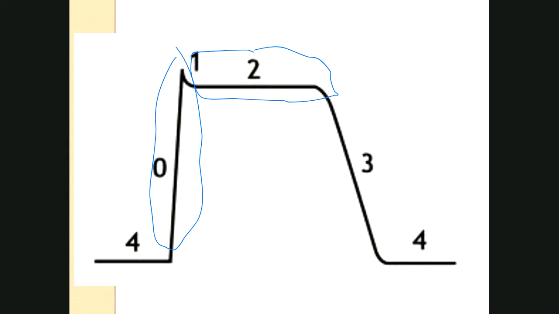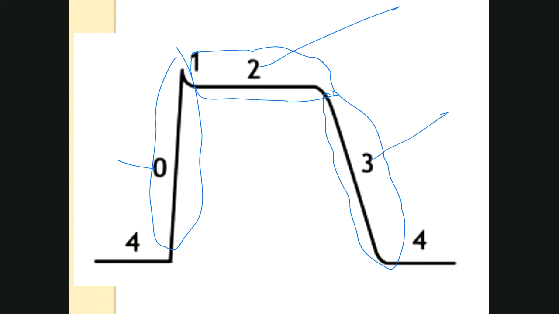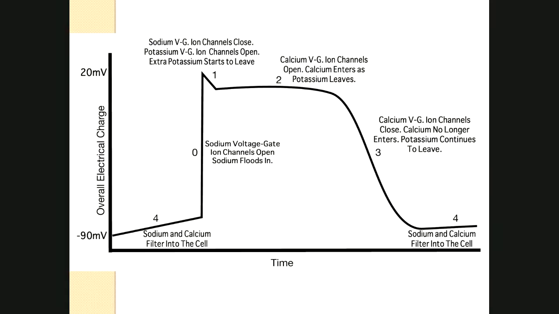So, at 0, at 2, at 3, what are these 3 events? And then how long does this whole thing last? Not 2.5 milliseconds, but 250 milliseconds. Make sense?